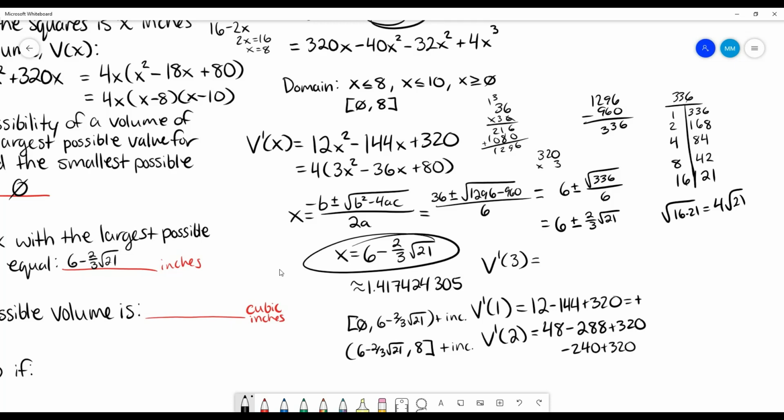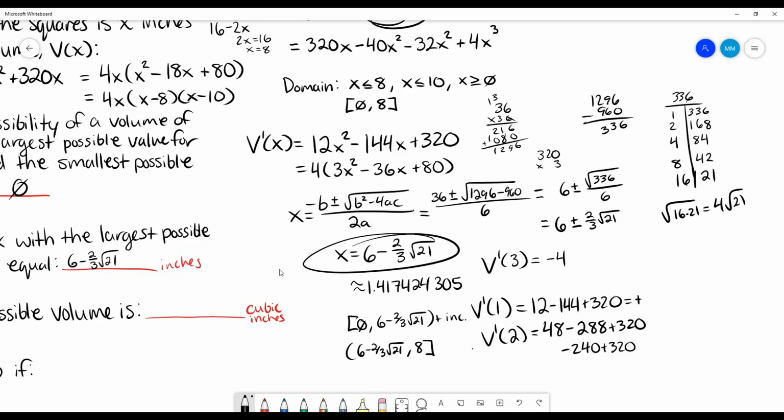Okay. Maybe I'm just plugging it in wrong. I don't know. Times 12. Oh, well, if I do plug in a 3, actually, it ends up being -4.